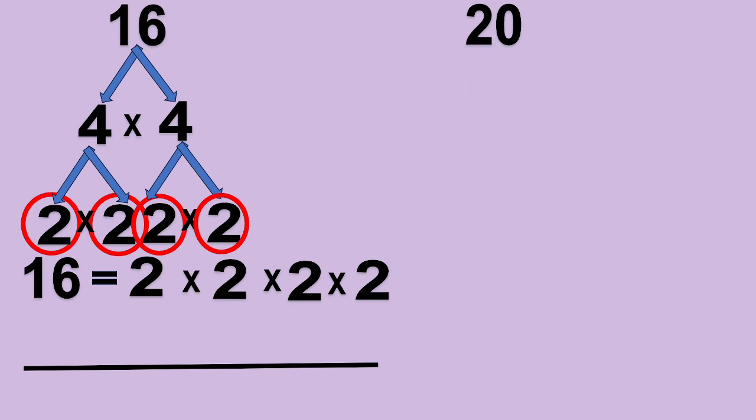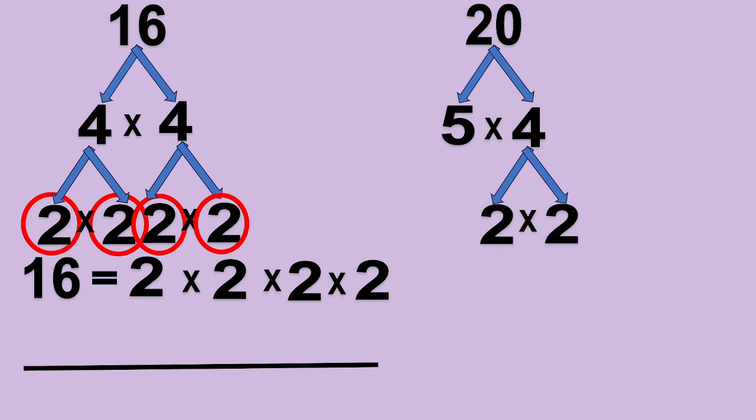Next, let us find the prime factors of 20. We have 5 times 4. 5 is a prime number and 4 is a composite number. We have to split it down. The factors of 4 are 2 and 2. Now, list the prime factors of 20.